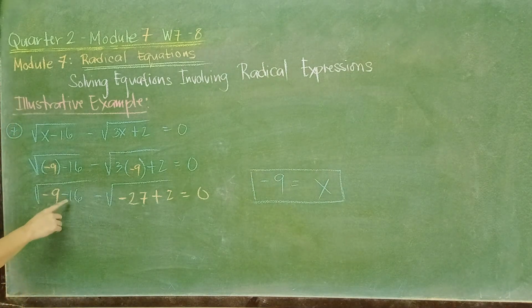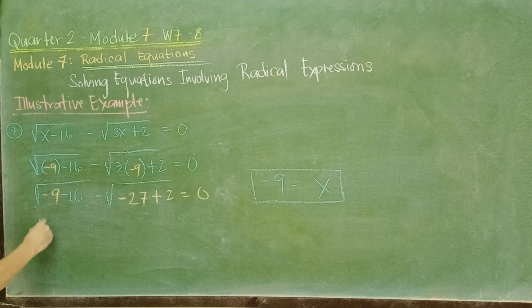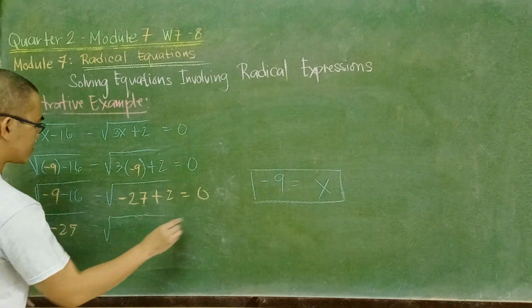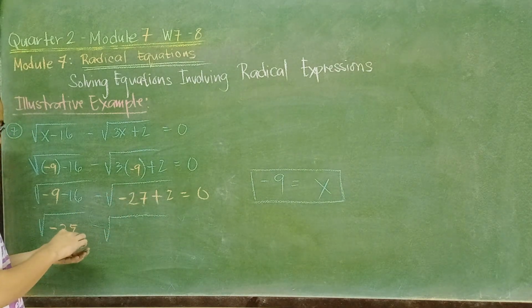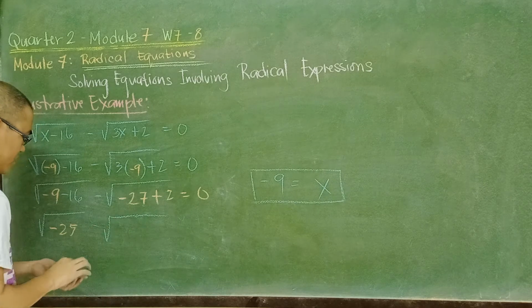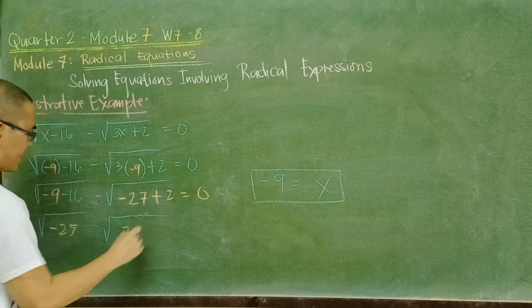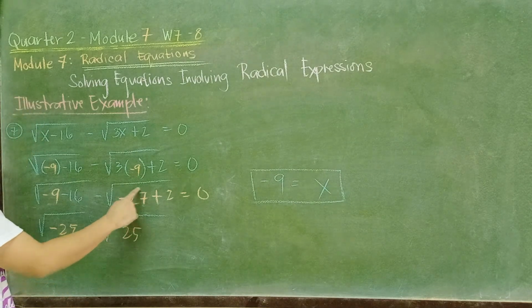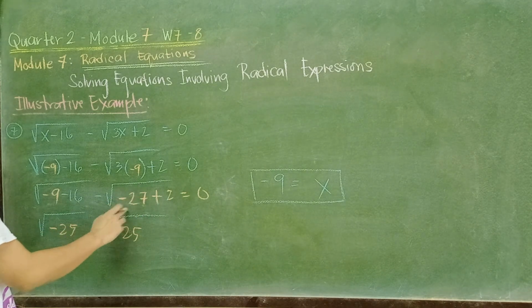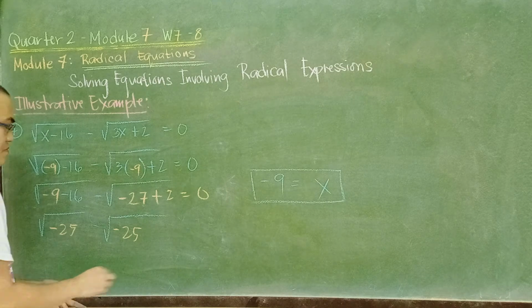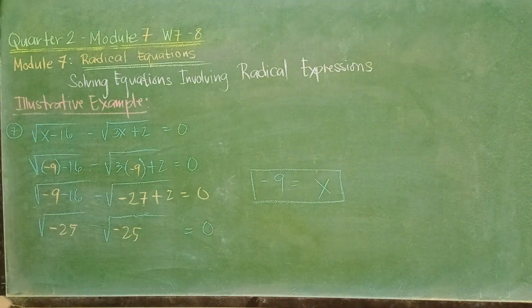So negative 9 minus 16, that is negative 25 minus negative 27 plus 2. Pag unlike sign, yun na minus. So this is also 25. Yung sign na gagamitin is yung sign na mas mataas na number. Between 27 at 2, yung mas mataas na number is yung negative. So, negative yan. Equal to 0.